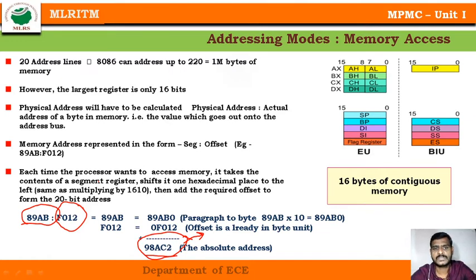Based on that, this address can be calculated. Who will calculate? In your bus interface unit, we have an address computing engine. The main task of this address computing engine is to calculate a physical address by using two 16-bit addresses.